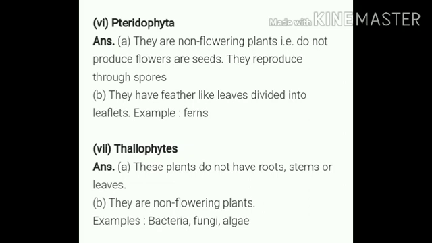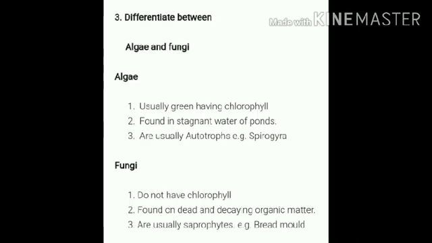Second, they have feather-like leaves divided into leaflets. For example, ferns. 7. Thallophyta. The characteristics are these plants do not have roots, stems, or leaves. Second, they are non-flowering plants. For example, bacteria, fungi, and algae.